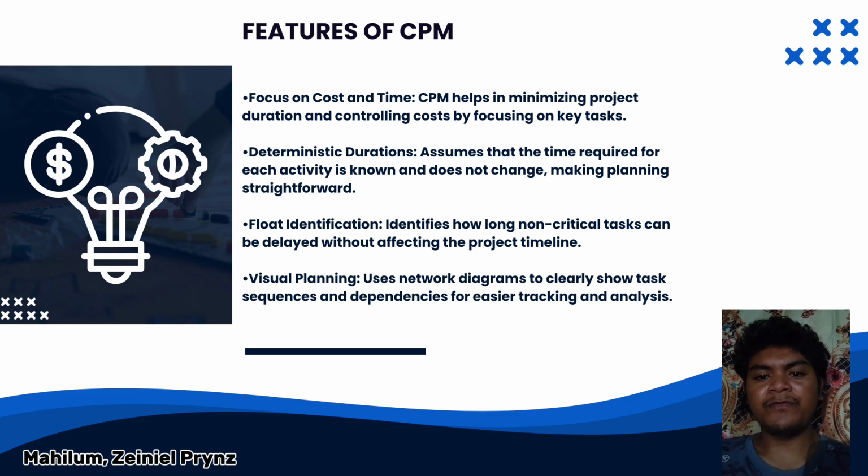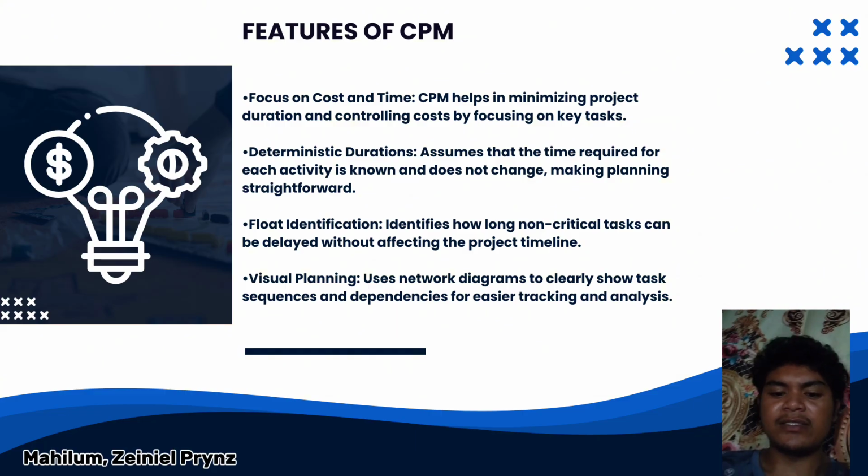Then a set of dependencies, which identifies which tasks must follow others. Then draw a network diagram to visualize the project flow and see how tasks are linked. And then the forward pass, which calculates the earliest start and finish times for each task.